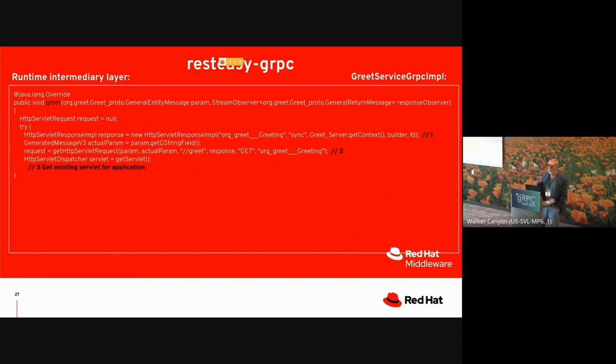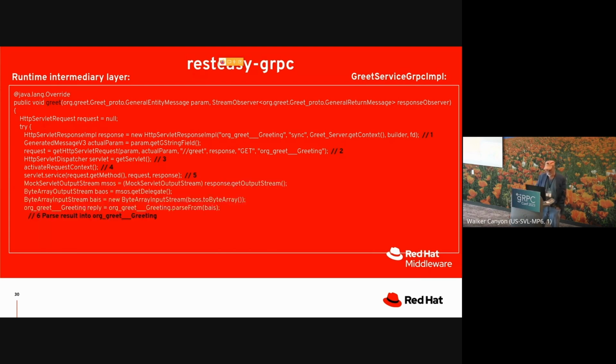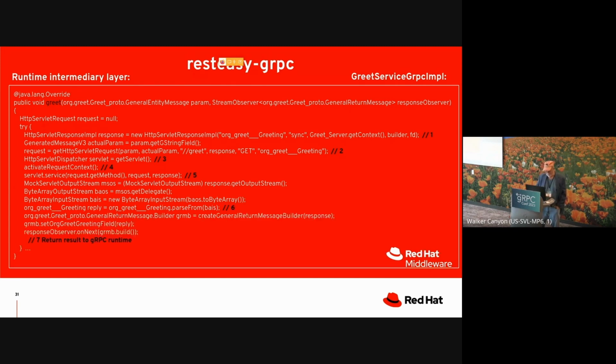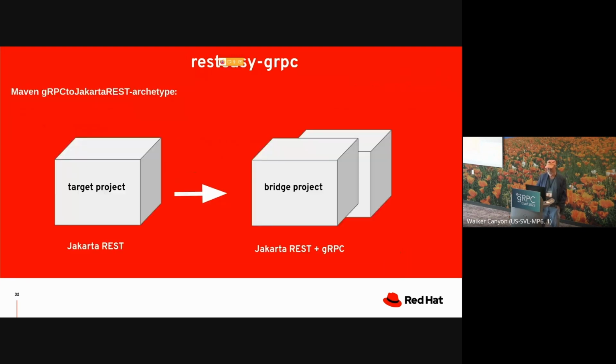We find the actual servlet that's meant to handle this application. This is a technical thing I'll skip. And now we pass the invocation into the Jakarta REST service. It runs, it passes back an object, and we parse that object into a type understood by protobuf, and we send that on to the gRPC runtime and back to the client.